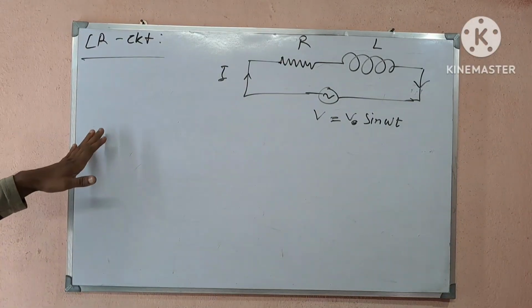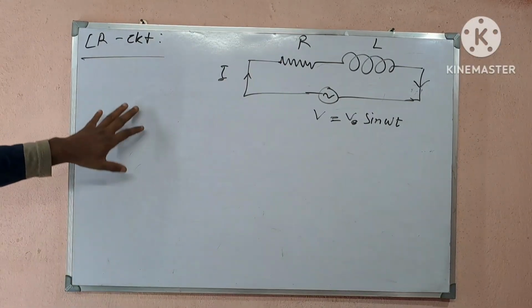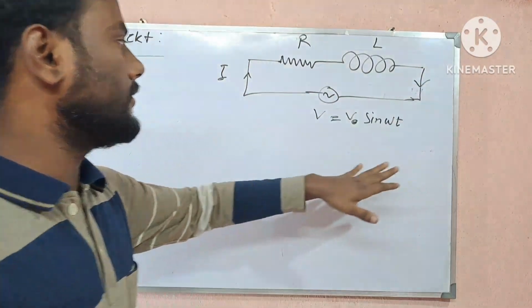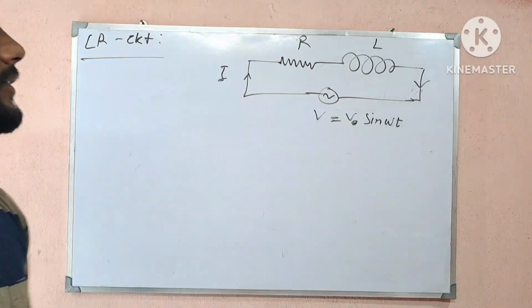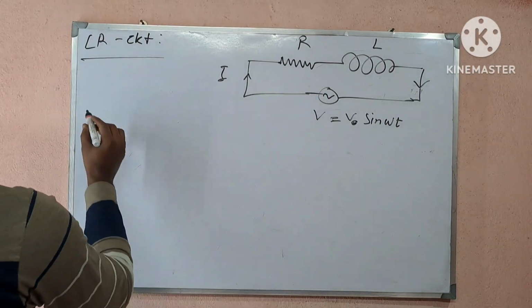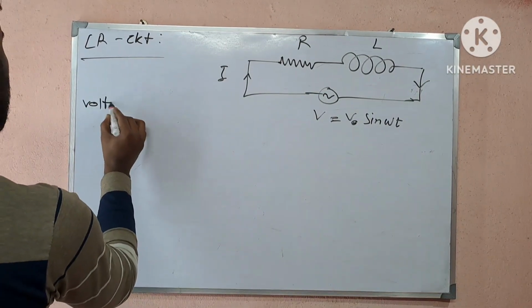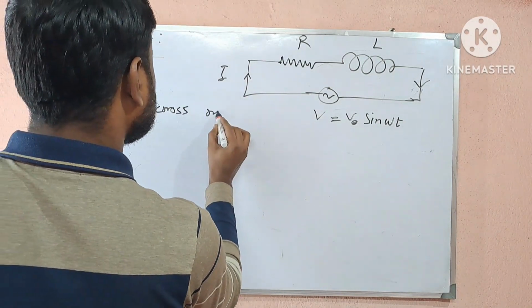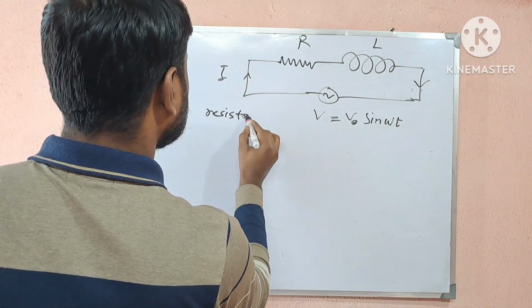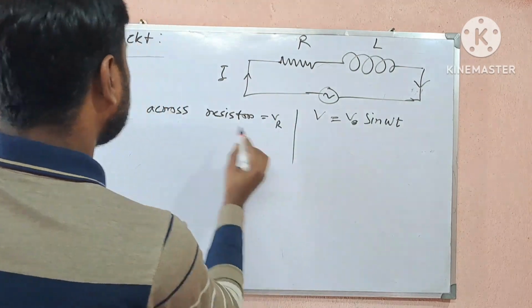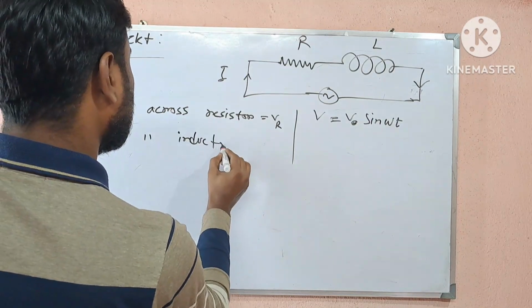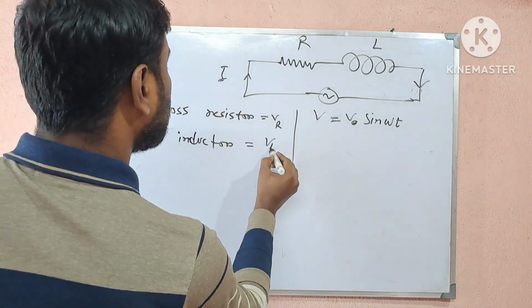Now we will talk about LR circuit. What is LR circuit? In LR circuit, resistor and inductor are connected in series. Here V equal to V naught sin omega t is the applied voltage, and similarly voltage across resistor is equal to VR, and voltage across inductor, that is VL.